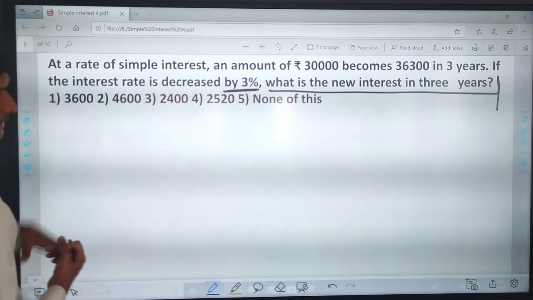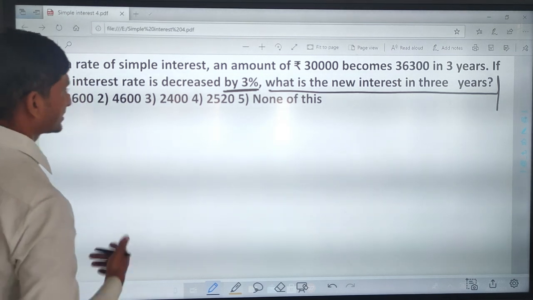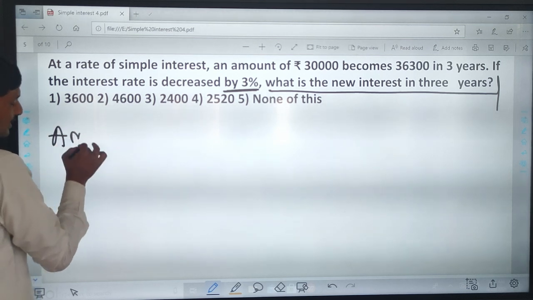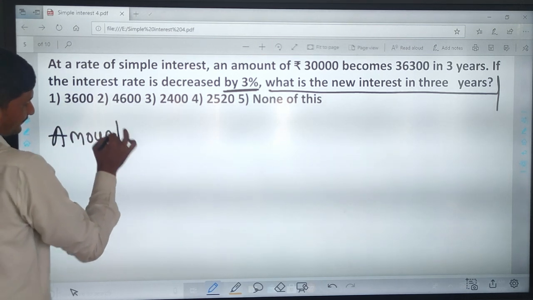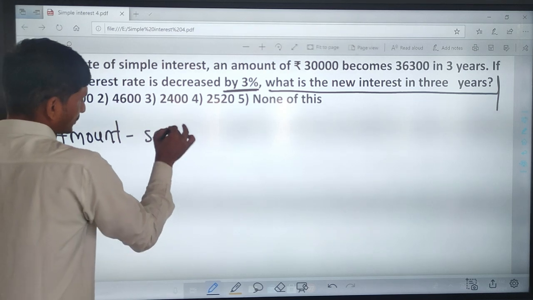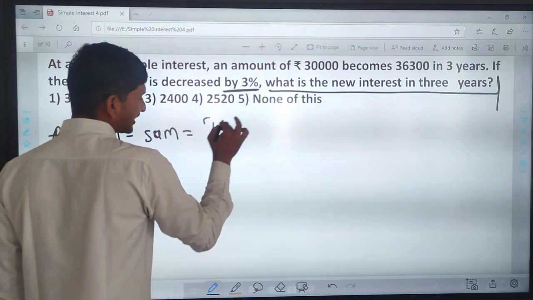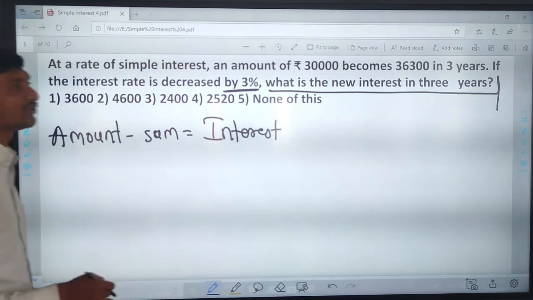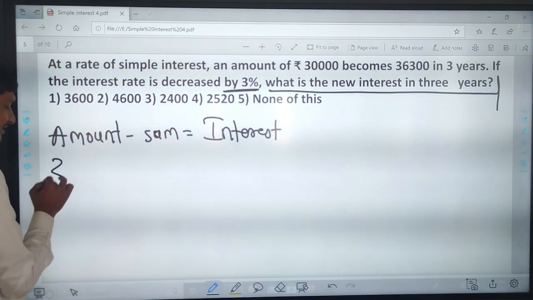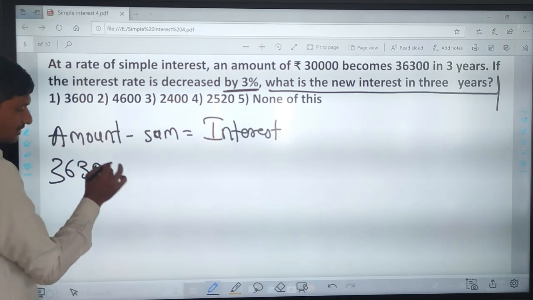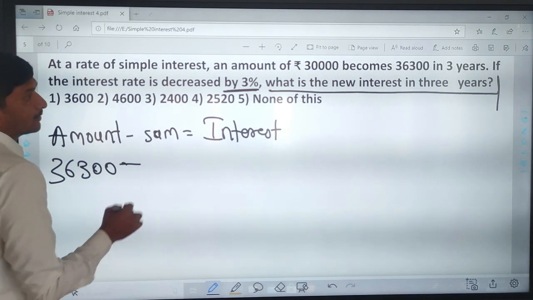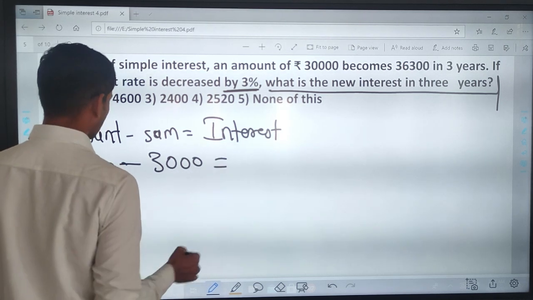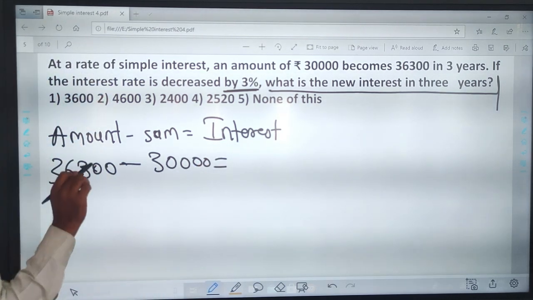Firstly, we find the simple interest. Here amount minus sum is equal to your interest. Your amount is 36,300 minus your sum, which is 30,000.